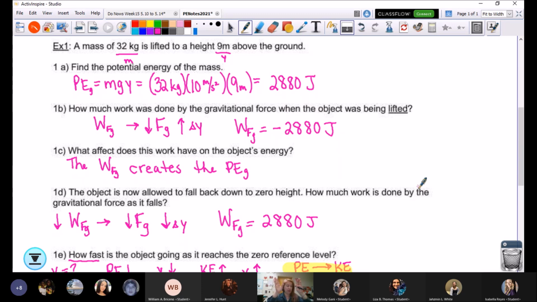Right, we're not moving yet. As the object starts to fall, the height is decreasing. And if the height is decreasing, that means the potential must also decrease because they are completely dependent on each other. Okay, they are directly proportional.